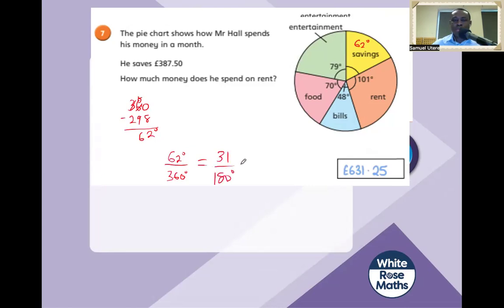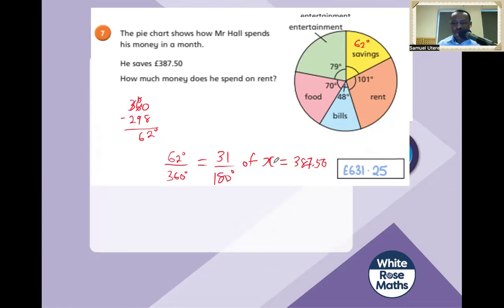Now this portion, 31 over 180 of x, the total amount we don't know, is equal to the amount he saves, £387.50. Remember what I told you, that if we were working out the fraction of an amount, we'd divide by the denominator and multiply by the numerator. But in this case, we'll have to do the inverse operation because we don't know the amount.